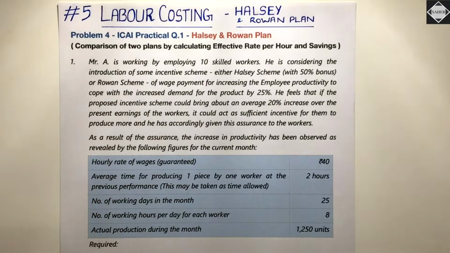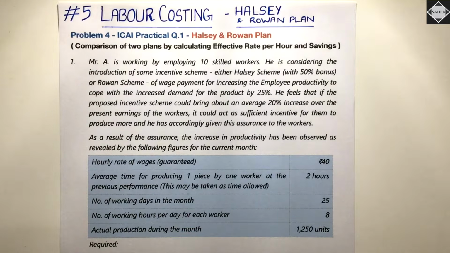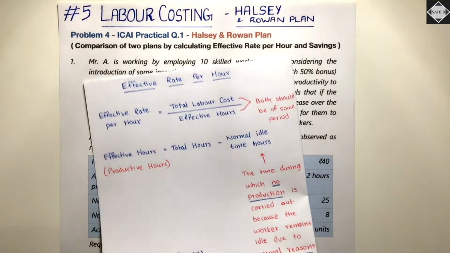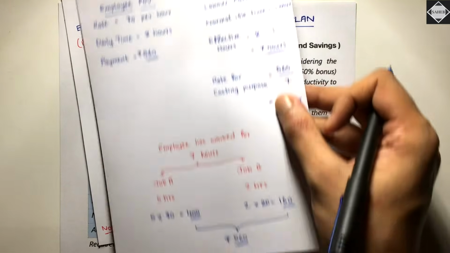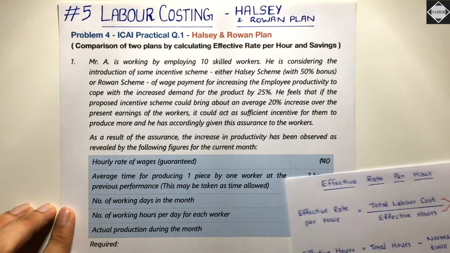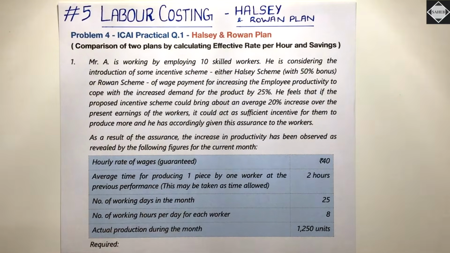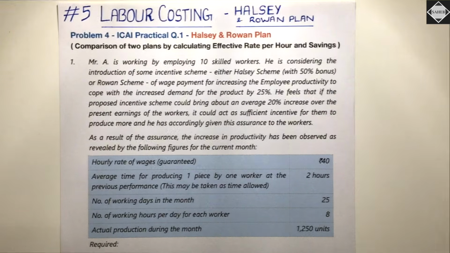And in the fourth video, we also understood in detail what the effective rate per hour is, with a conceptual example. So please watch the fourth video of this chapter, and only then go ahead with this video. All right, let's understand this question and see how to solve it.